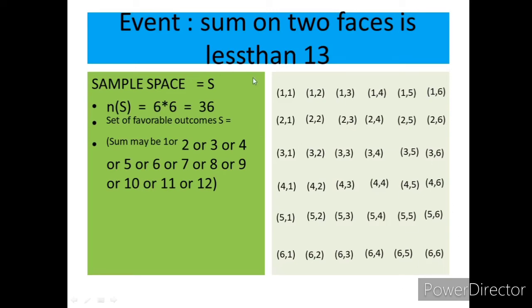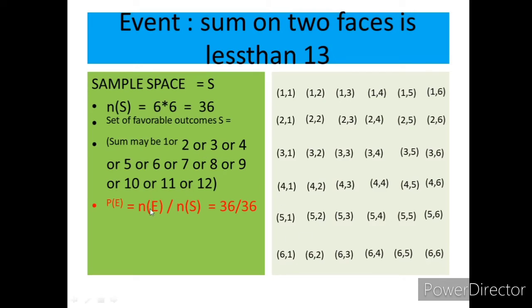Therefore each and every outcome, say 1 plus 1, it is 2. It is clearly less than 13 or not? Yes, clearly. If you take 4 plus 3, it is 7. It is also strictly less than 13. If you take 6 plus 6, 12, it is also strictly less than 13. Therefore here all the outcomes are favorable to our event. Therefore find the probability.